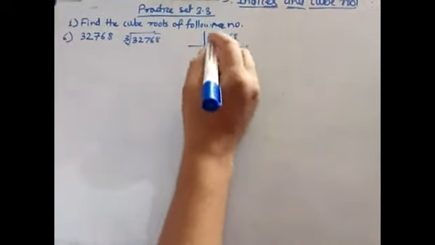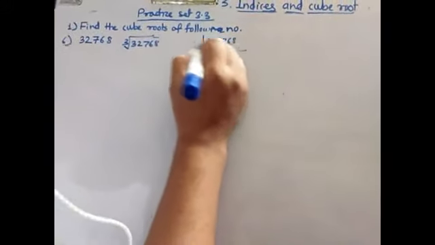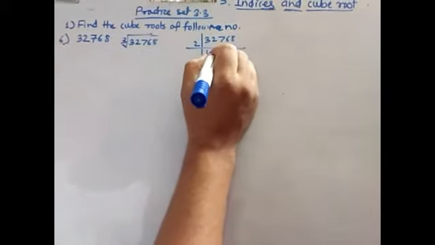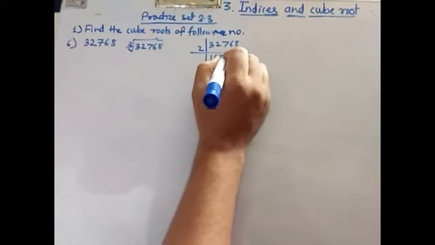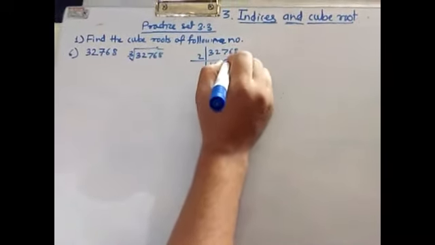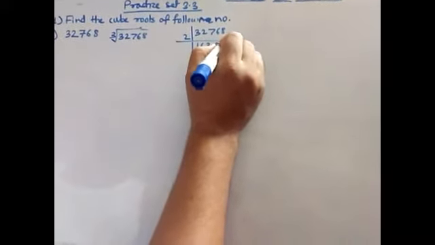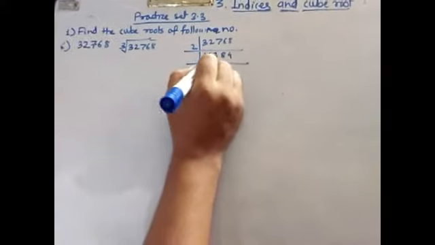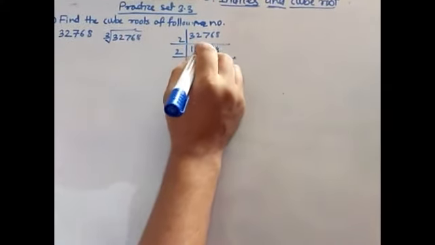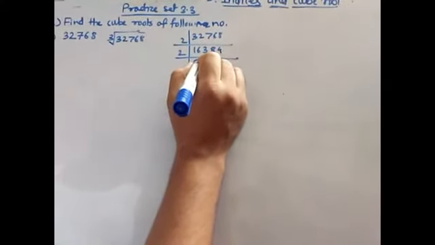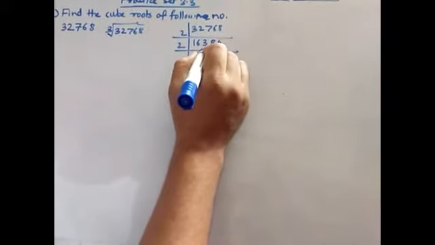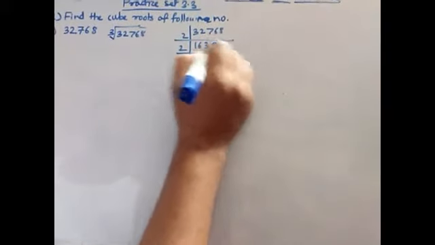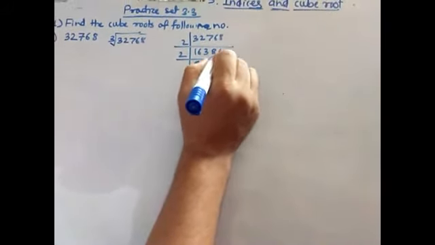How do we divide it? 16 2s are 32, then 3 2s are 6, then 8 2s are 16, and 4 2s are 8. In this way we solve that. 8 2s are 16, then 2 1s are 2, remaining 1, then 9 2s are 18, and 2 2s are 4.